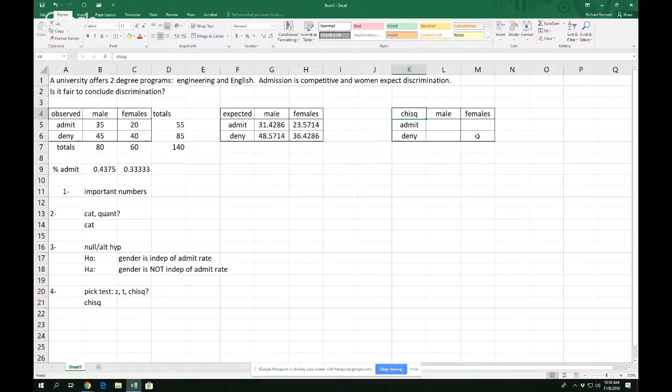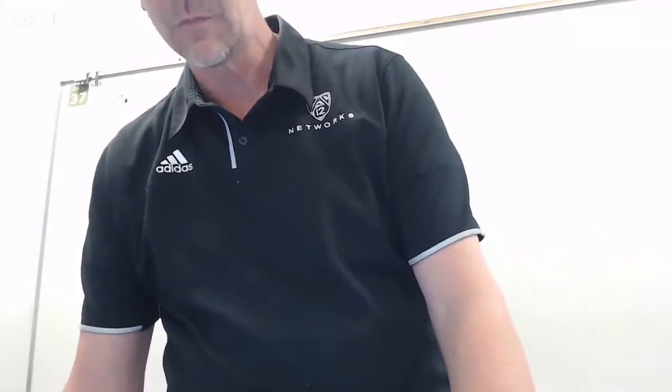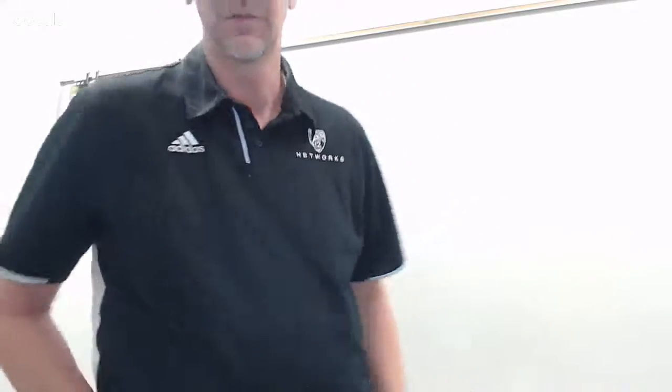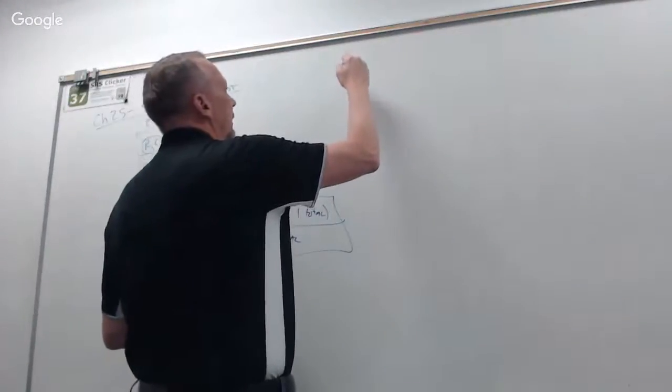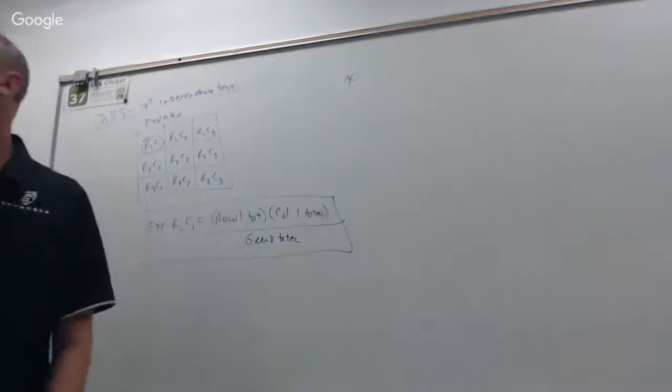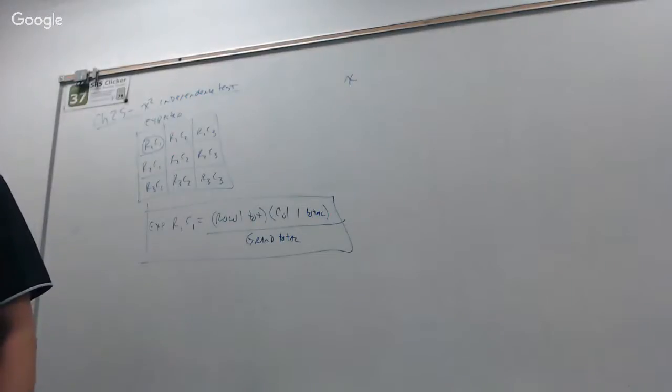Now we're going to work on our chi-squared table, and I've got a new formula for you. The Greek letter chi looks like a script X. It's Greek, it's not Chinese. Don't call it the chi-square. It's a chi-square distribution because it's Greek.